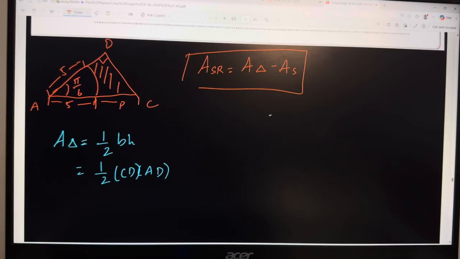We know that AC is equal to 5 plus p, and that this is the hypotenuse, and we can find DC. Because it's the opposite, so opposite upon hypotenuse, sine pi by 6 is equal to opposite, which we have to find, upon hypotenuse, which is 5 plus p.